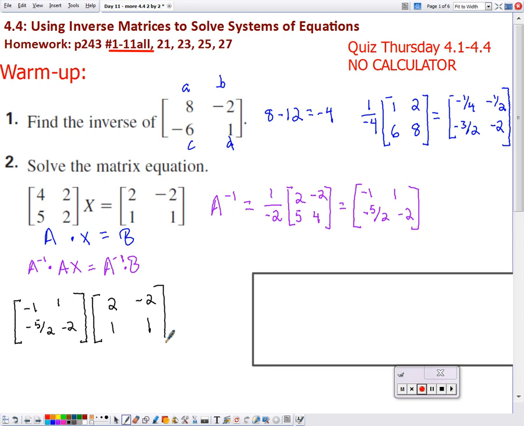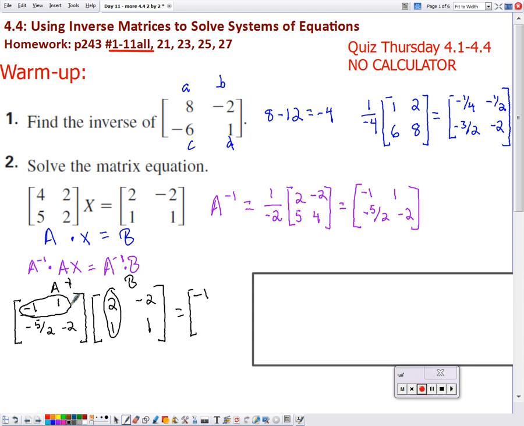Now when I multiply matrices, I do them row by column. Remember, this is A inverse, this is B. So negative 1 times 2, which is negative 2, plus 1 is going to give me negative 1.